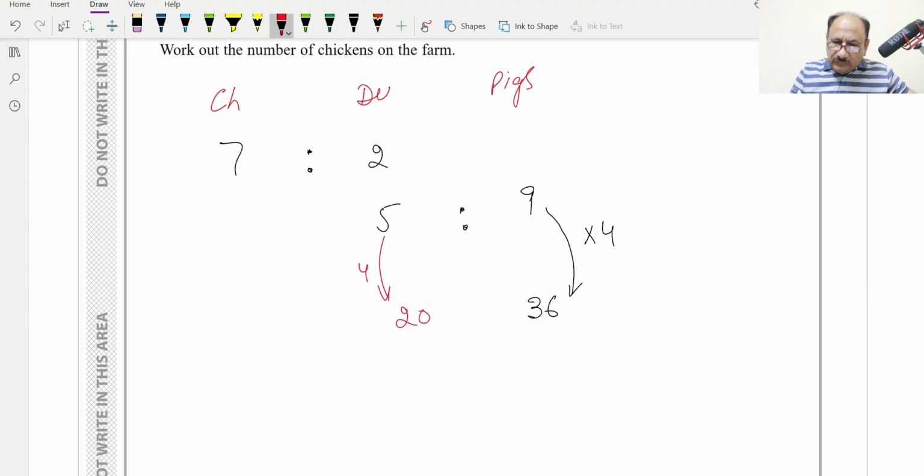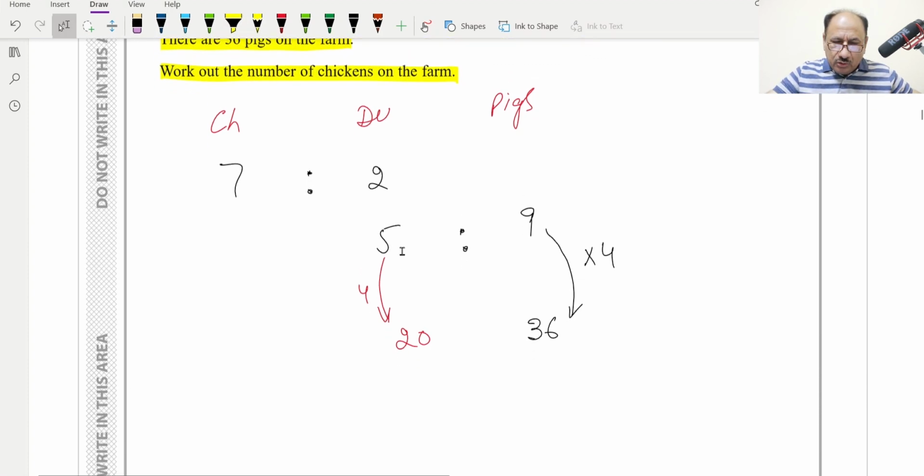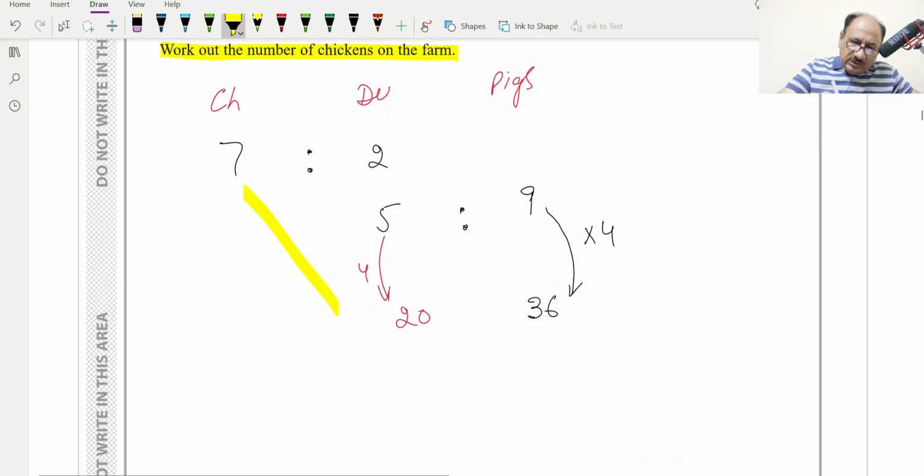To get to the final part, work out the number of chickens on the farm, we will be checking the conversion, and for that we need 20 ducks.